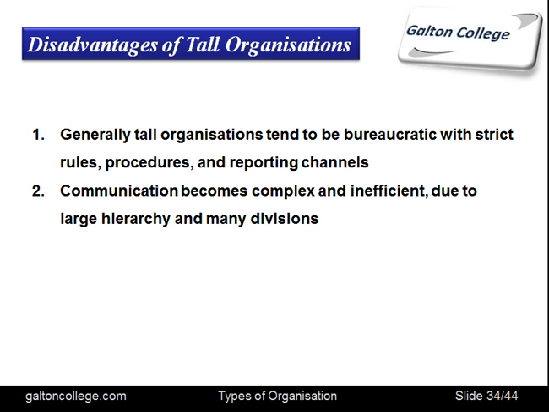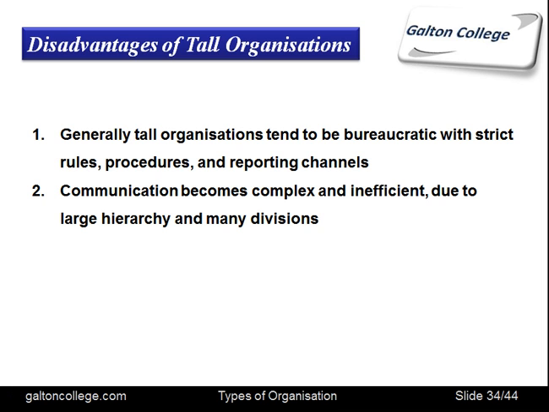Communication becomes complex and inefficient due to the large hierarchy and many divisions. So the communication channels themselves may be very, very complex, not just from the top going through the organisation, but going sideways, going from one department to the next, and from one department to a different functional department.